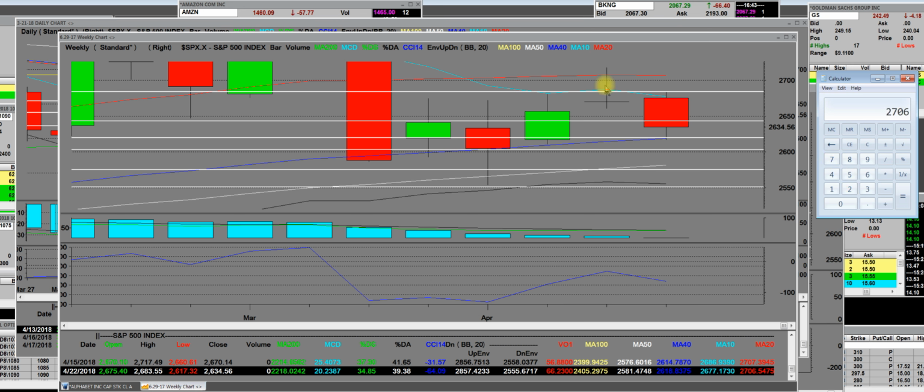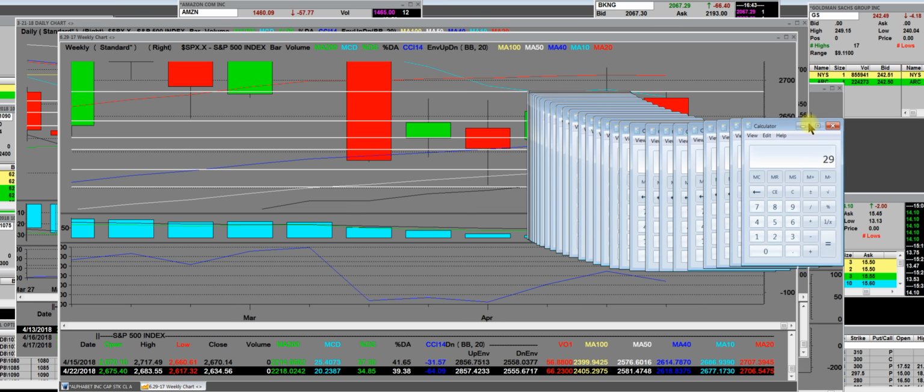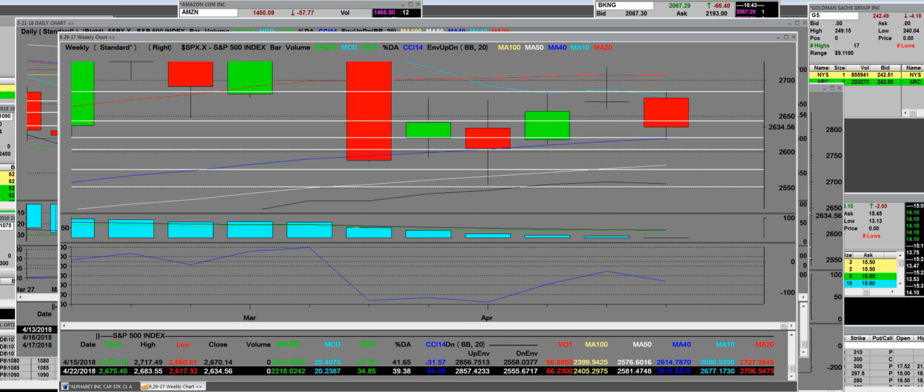And that 10-week, that blue line that's going down, that one is at, so let's go minus 2677. That's what I'm plugging in here now, and we're going to go equal. That is 29 points.